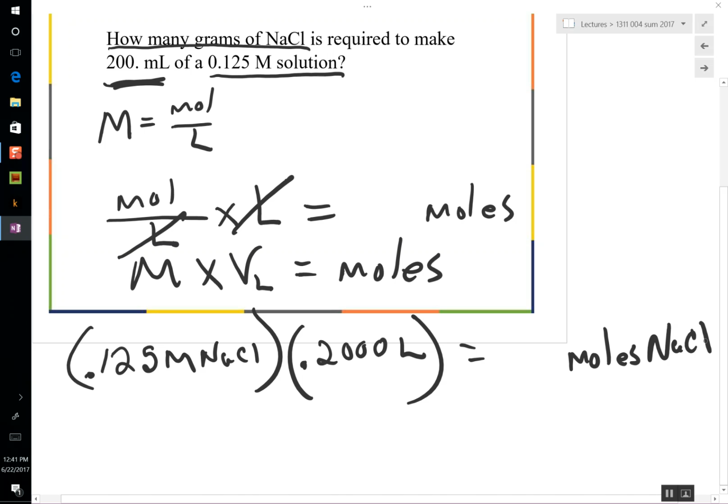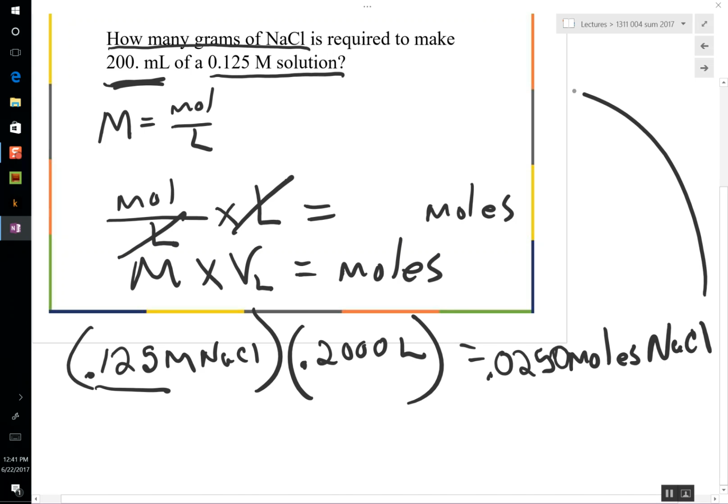What is that? And we probably have enough latitude here to throw another 0 on there. This is 3 significant figures, 4. So 0.0250 moles of sodium chloride.